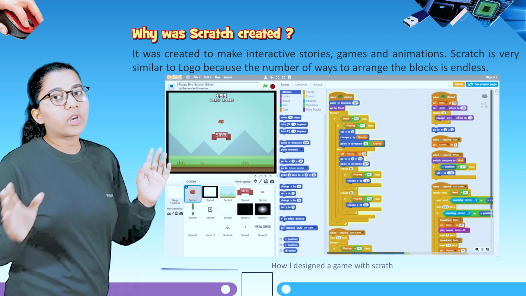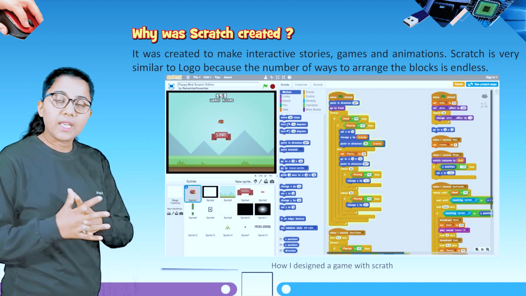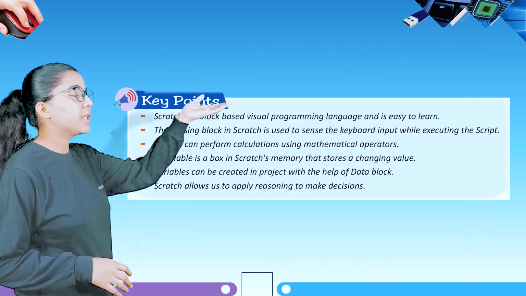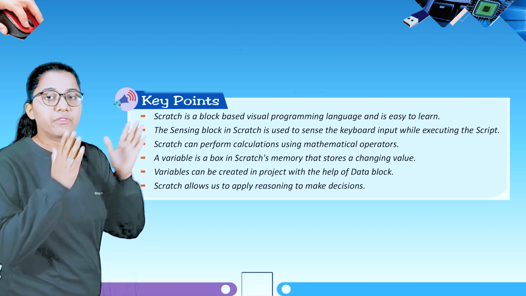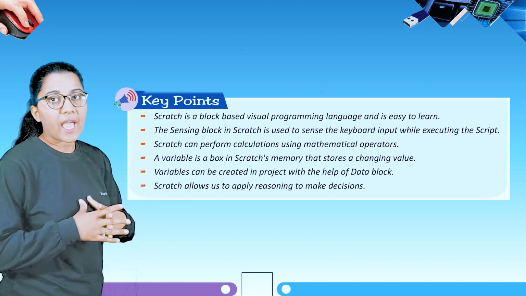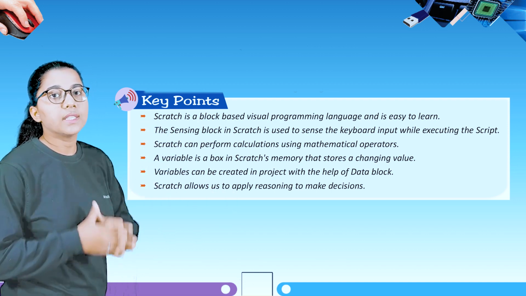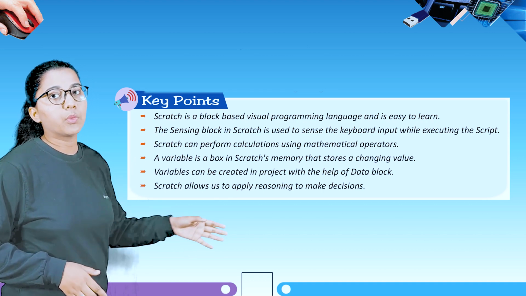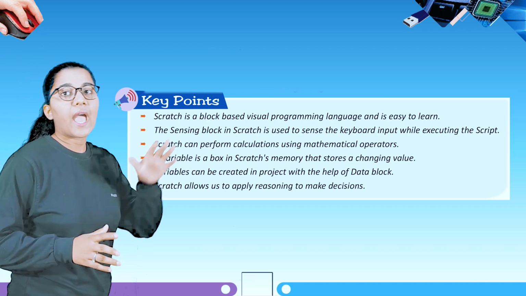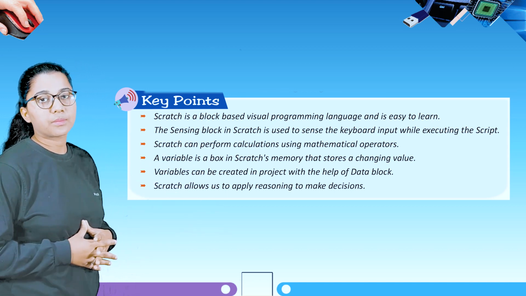So students, what we have learned in this chapter, let's have a quick look at some key points. So Scratch is a block-based visual programming language and is easy to learn. The sensing block in Scratch is used to sense the keyboard input while executing the scripts.